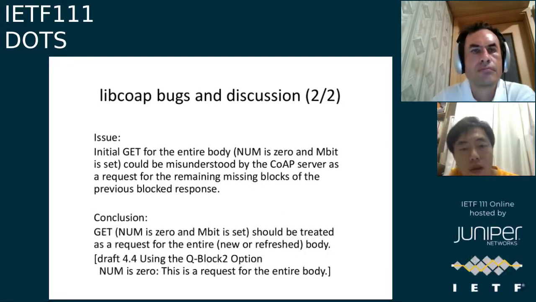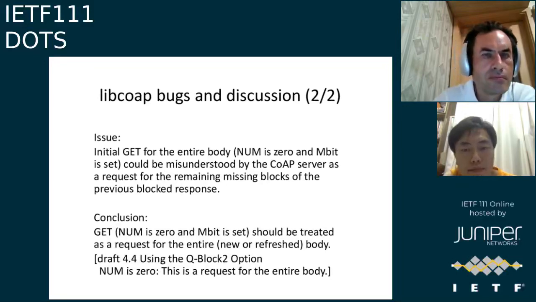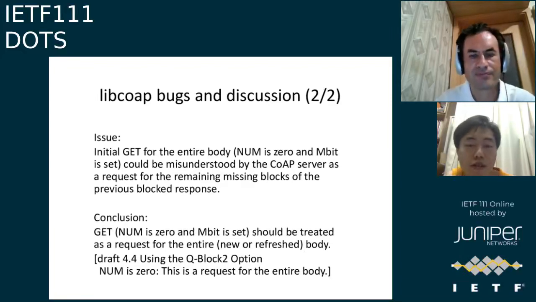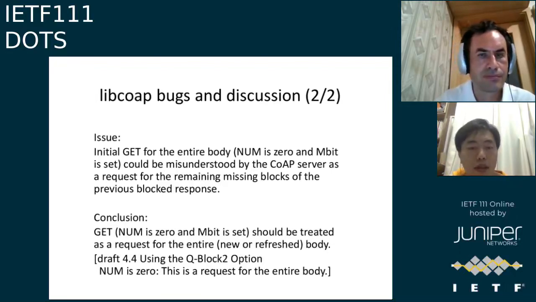Okay, this one is about distinguishing between a new message and an existing message. An initial GET for the entire body, where NUM is 0 and the M bit is set, could be misunderstood by the CoAP server as a request for the remaining missing blocks of the previous block response.